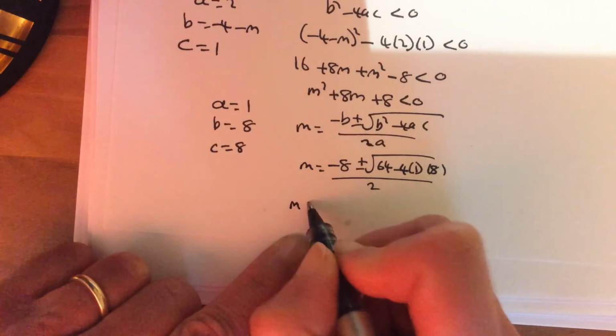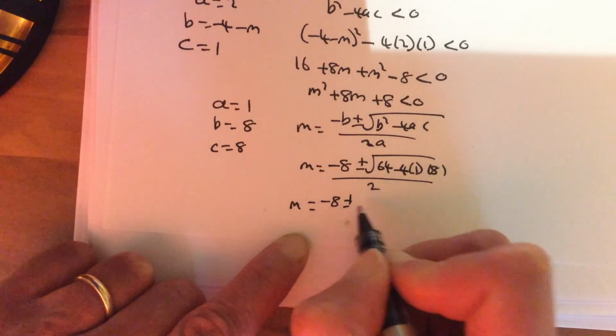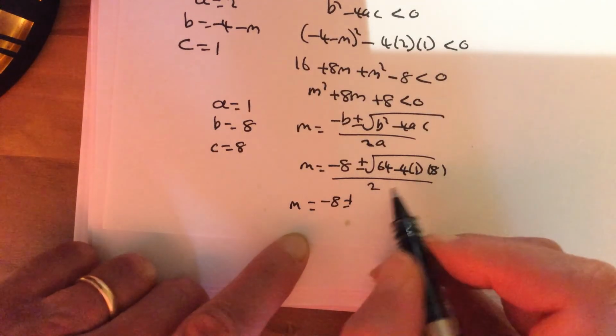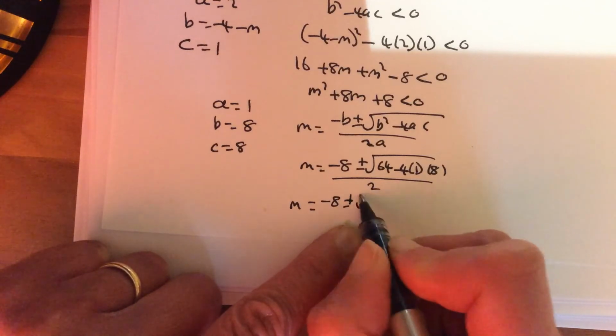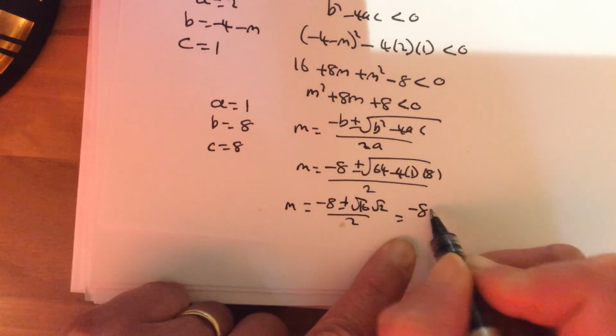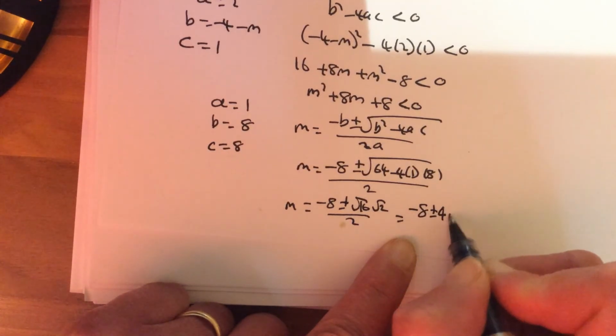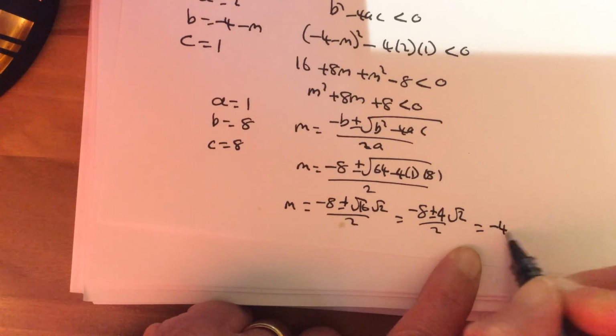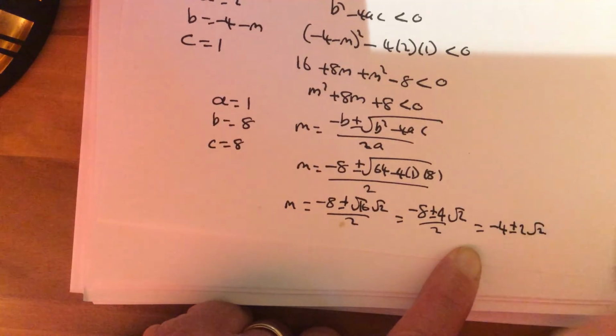So that gives you your critical values of minus 8 plus or minus the square root of 64 take away 32, which is 32. 32 breaks down into root 16 root 2 over 2. So minus 8 plus or minus 4 root 2 over 2. Dividing in ordinary numbers by 2, so minus 4 plus or minus 2 root 2.